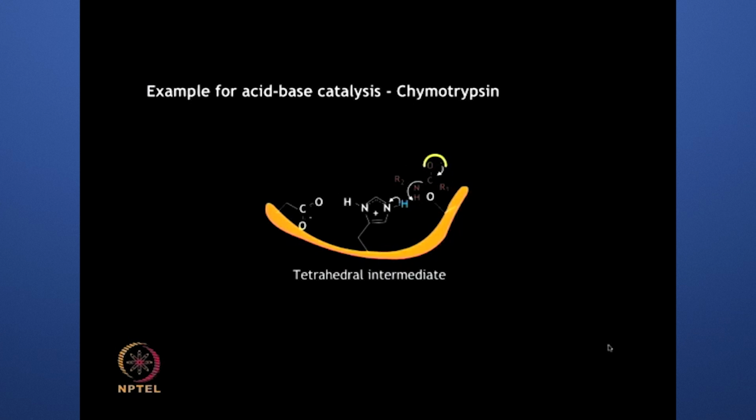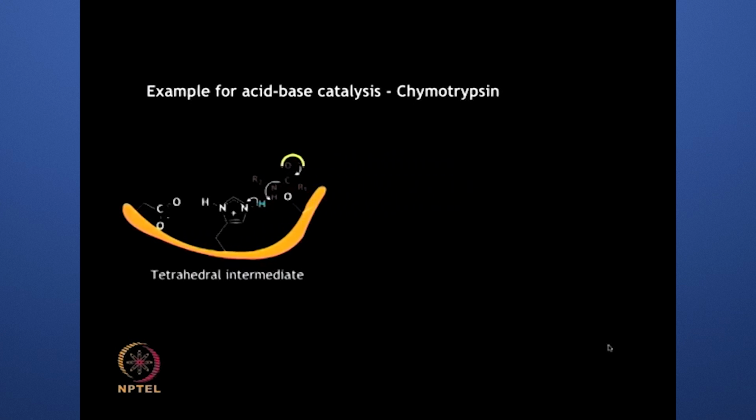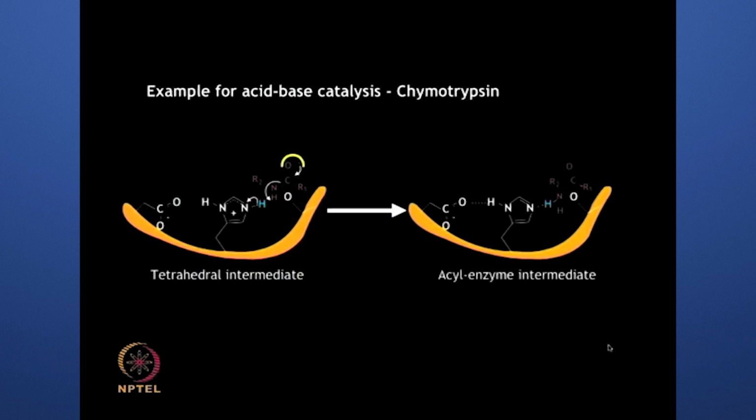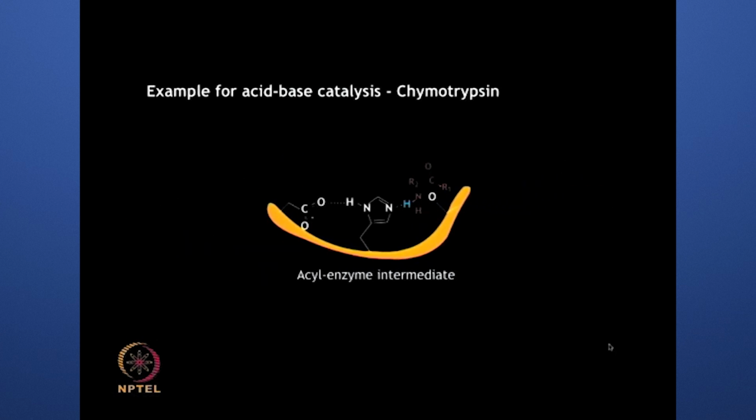Following substrate binding and nucleophile attack of the serine on the carbonyl group, the geometry of the intermediate becomes tetrahedral, and the negative charge developed on the carbonyl oxygen gets stabilized through interaction with other side chains of the protein in a site known as the oxyanion hole.